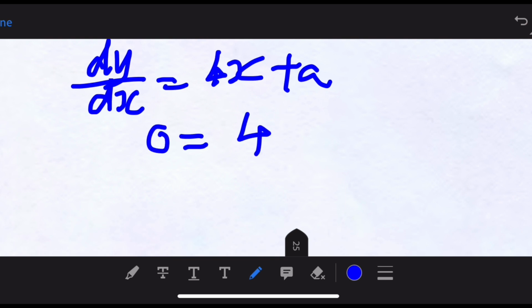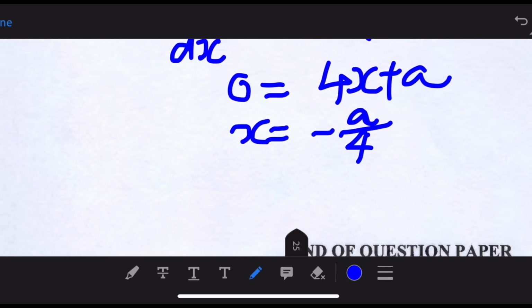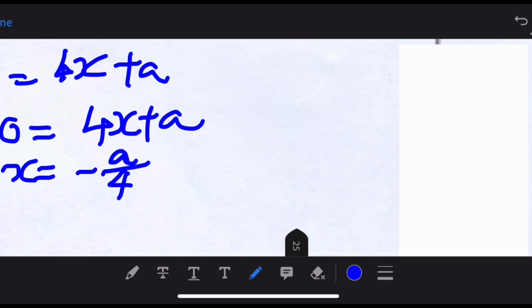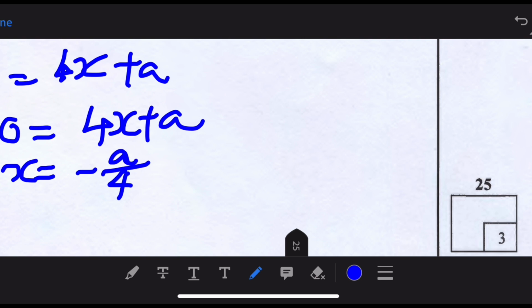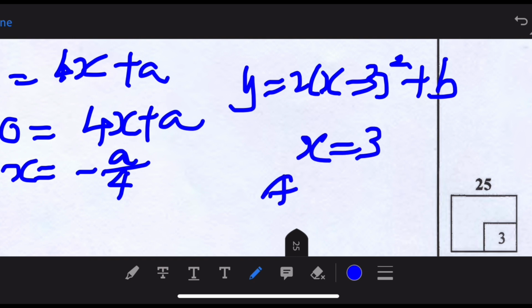So my dy/dx must be 0 because that is the minimum point. At the minimum point and maximum point dy/dx must be 0 because the gradient of the tangent is horizontal, right? So with that you can solve very fast, because you got the x value and the x is equivalent to 3, so your a is negative 12.